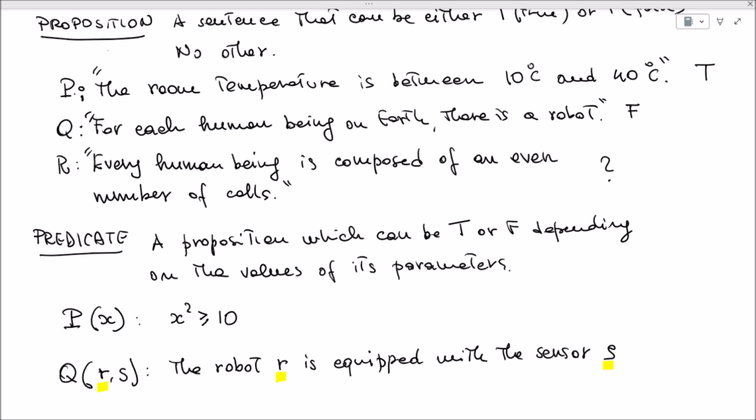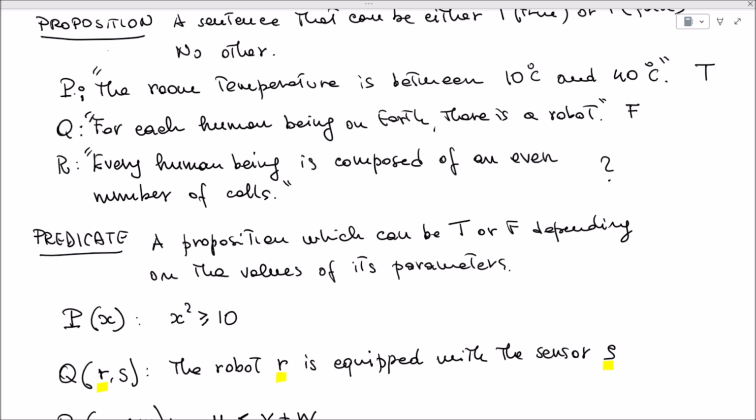We can also have three parameters. Consider, for example, the following predicate: R of U, V, and W. And this predicate can be U less than or equal to V plus W.